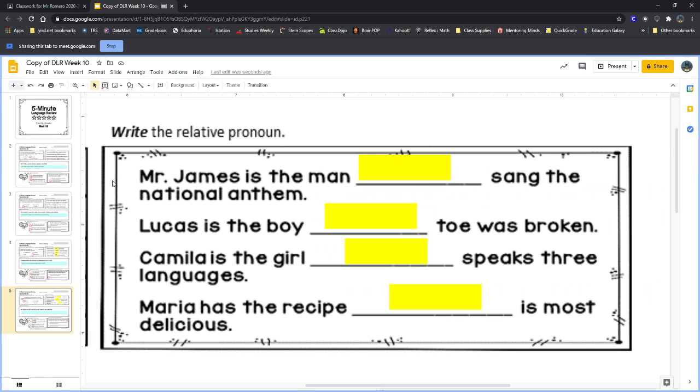Okay. Our next boxes. Well, yeah, I guess boxes. There are a few different sentences we have to fix here. We have 4 sentences, each one with a blank space that we have to fill in to finish the sentence. First sentence says, Mr. James is the man, blank, sang the national anthem.